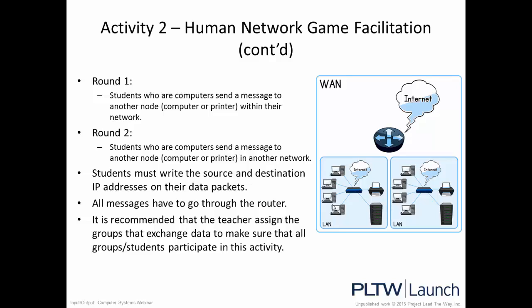In round one, the destination IP address has to be within that network, and in round two, we take it to the outside of the network so that the routers can communicate. And hopefully, the kids will have fun doing so, as well as learn about the basic structure of a network.